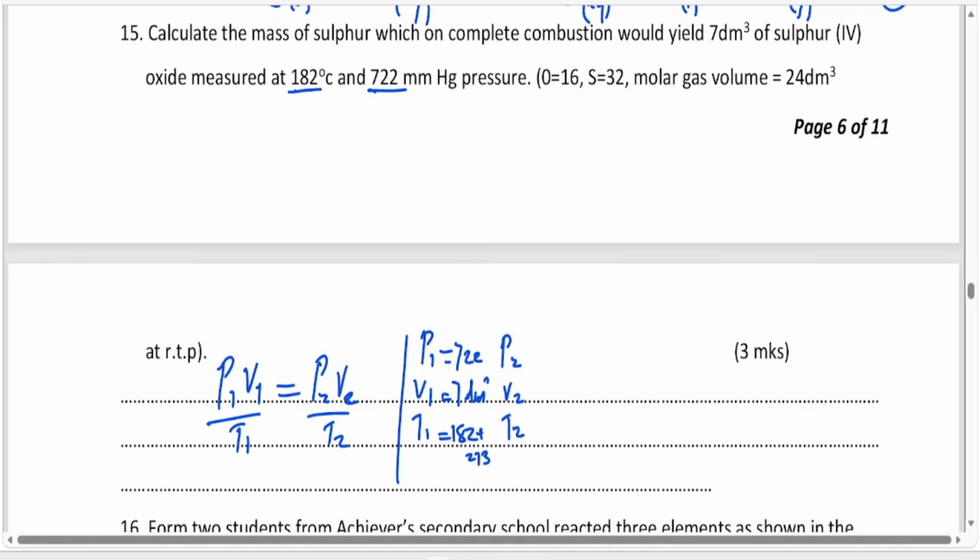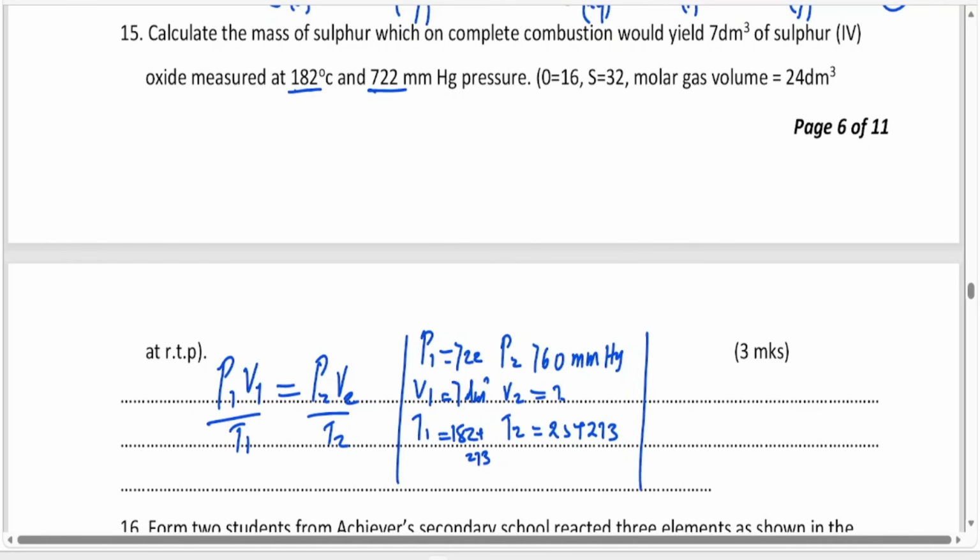Our P2, at room temperature and pressure, is 760 millimeter of mercury. Our V2 is what we are looking for. And our T2 is 25 degrees Celsius, so it is 25 plus 273.